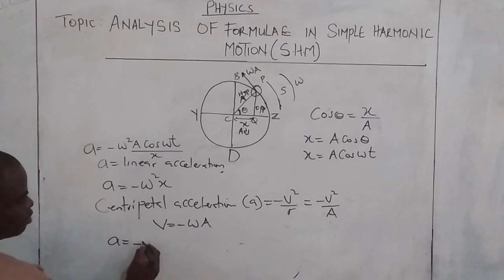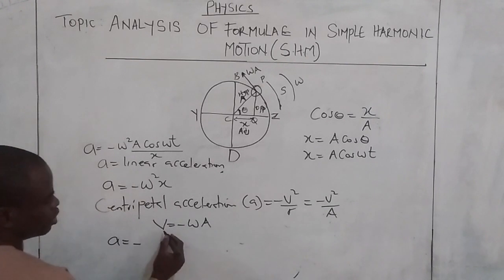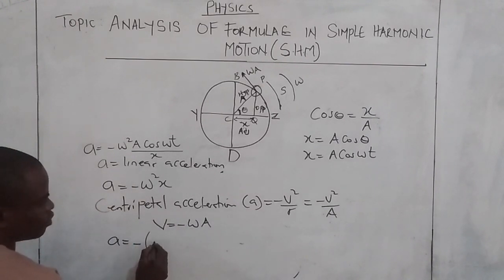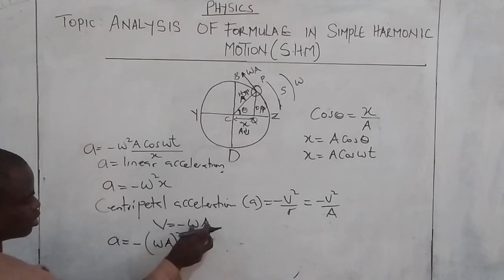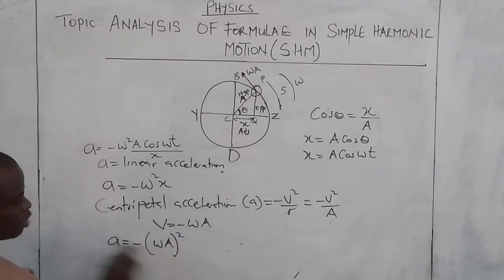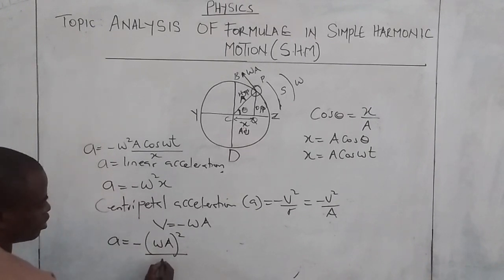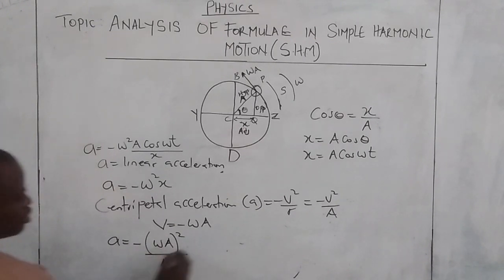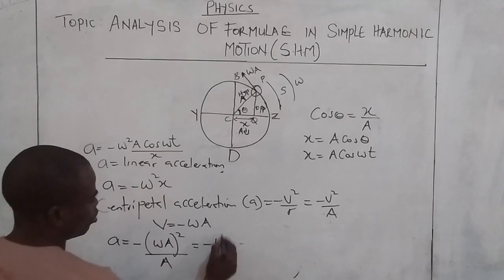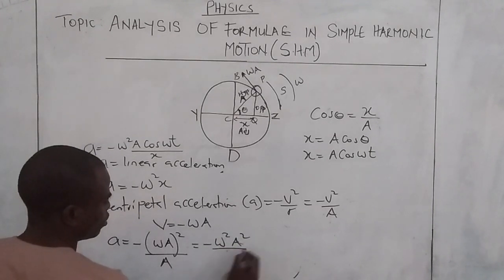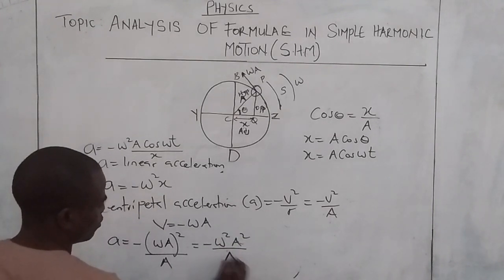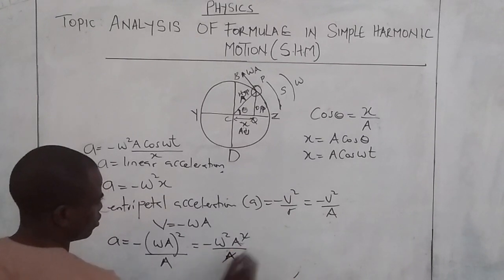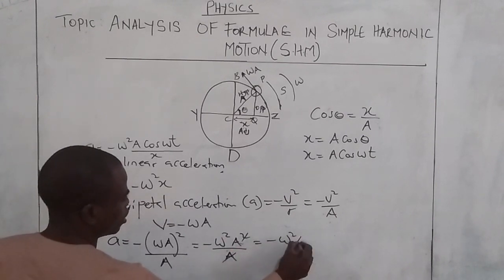Now bring it back, we will not turn the negative. v is squared, so you have wA squared, bringing the negative outside, over A. Now, minus w squared A squared over A. A cancels A. This is equal to minus w squared A.